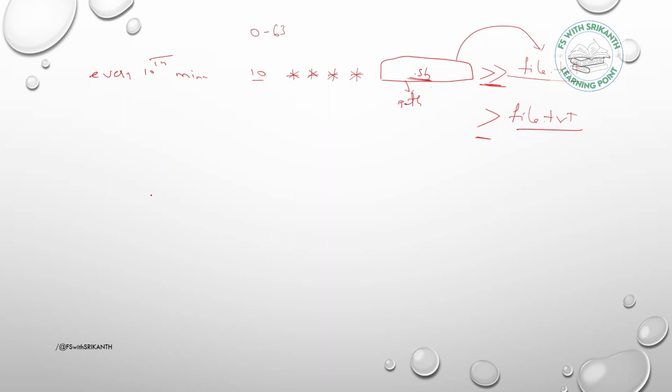Suppose I want to execute it every month on the 10th date at 7 a.m. only. The first one is minute, suppose 1 minute, 01, the second one is hours, and the third star indicates days.